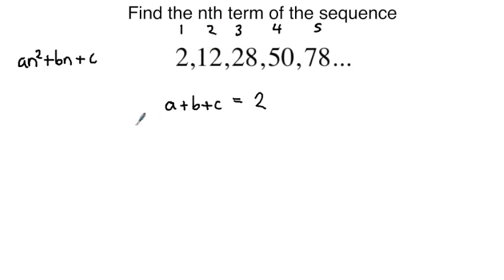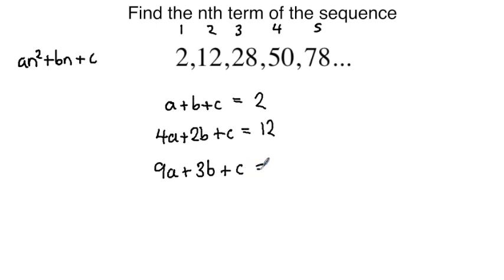For the second one, we've got n squared, so 2 squared, 4a plus 2b plus c, and I know that is going to output 12. And if I put 3 in, I get 9a plus 3b plus c, and that gives me 28.